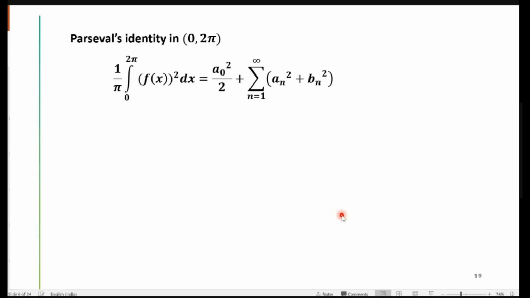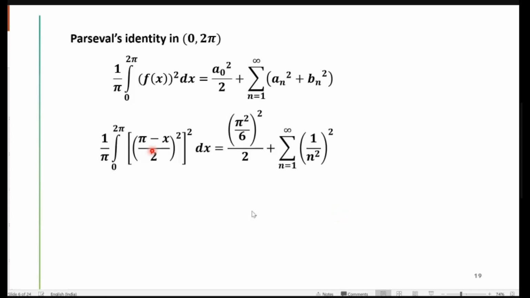Substituting for f of x, substituting for a0, a_n. So when we substitute, f of x is pi minus x by 2 the whole square, a0 square is pi square by 6 the whole square upon 2 plus summation. Simplify everything, open this bracket.